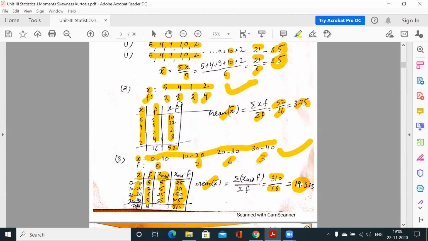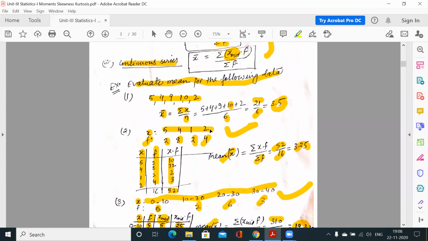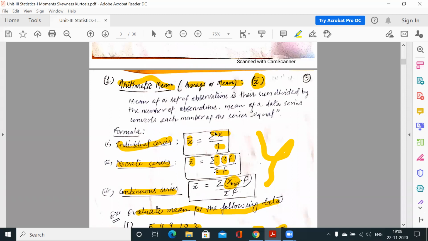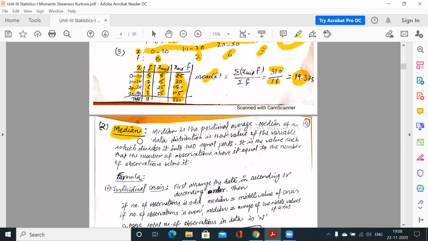So average is a single numerical value in the data which represents the whole data. Now the median is the positional average, meaning it divides the total data points into two equal parts, 50% less than that value and 50% greater than that value.